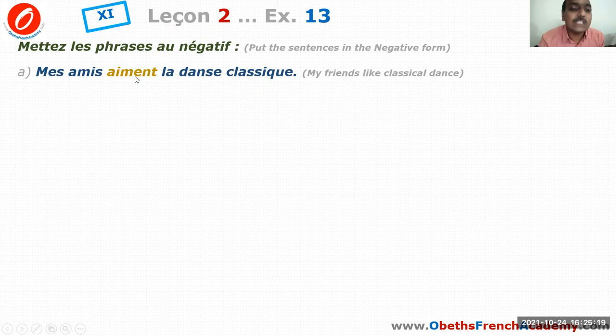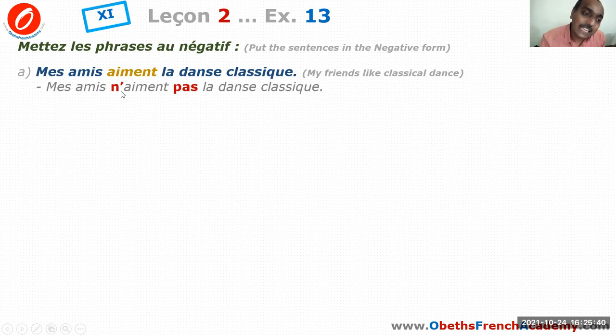And all you have to do is what? Put the expression ne before the verb aimer and put the expression pas after the verb aimer. So we need to put these two words ne and pas on either side of the verb. So our duty is to identify the verb, put ne before the verb and pas after the verb.